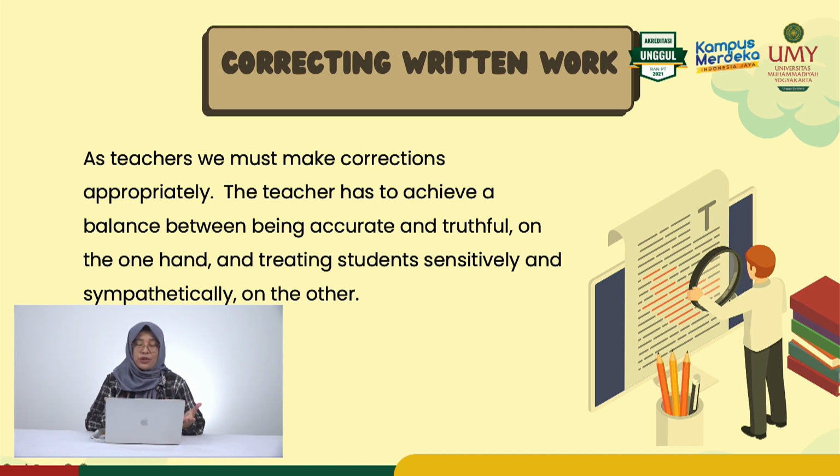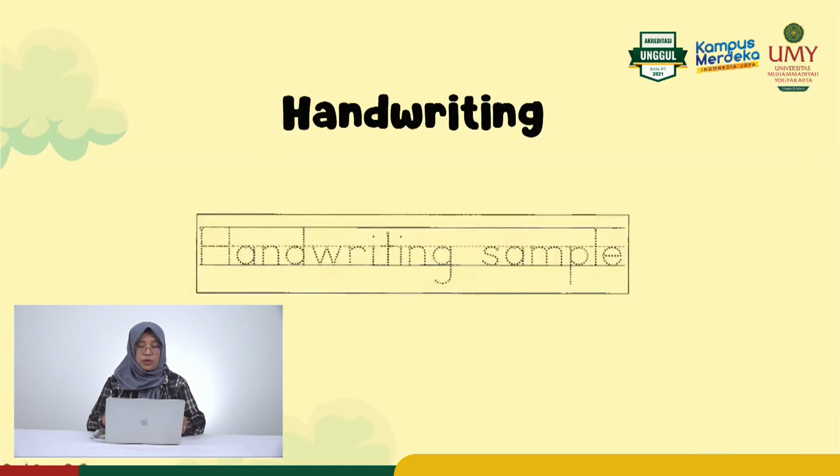So you can imagine if you as a teacher give too much feedback to the students, it can probably discourage the students and kill their enthusiasm in writing. And on the other hand, if you give very limited feedback on students' writing, the students will be confused whether their writing is already on the right track or not, or whether their writing is already of good quality or not. So always try to give balanced feedback to students' writing.